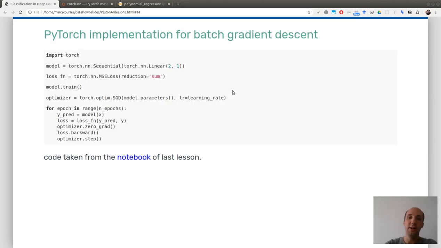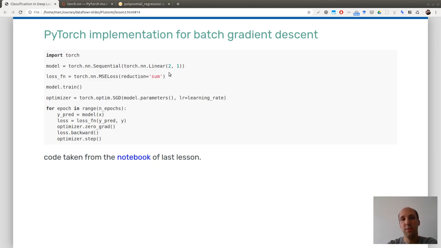Okay, so here is a small excerpt of the notebook from last lesson, where remember the feature is of dimension 2. I want to predict a real number, so the output is 1. So I need to estimate two parameters, which is a linear layer, which corresponds to a matrix multiplication.